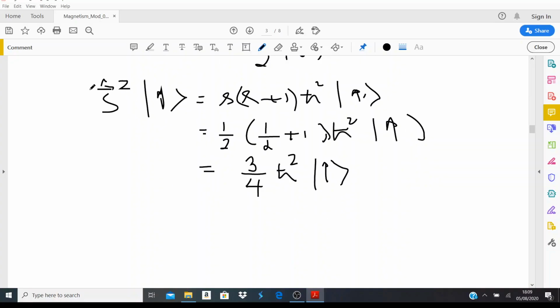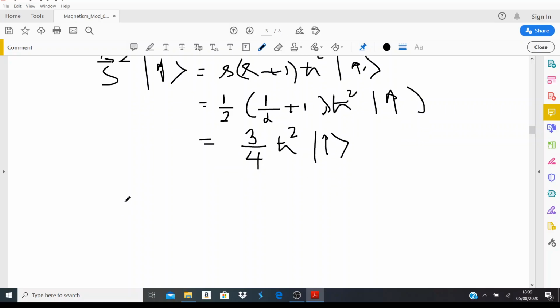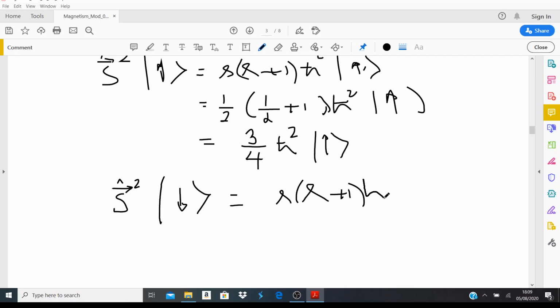So what do you say? You say S squared operates on the state up. It will give you an eigenvalue 3/4 h bar squared times the same state, right? And similarly, when S squared operates on the down state, it will give you the same value, s(s+1) h bar squared times the down state.